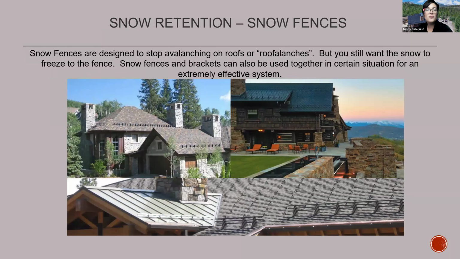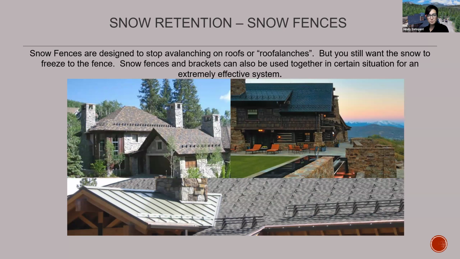Snow fences act a little bit differently. Obviously you can still only be as strong as what you are attaching to. With a standing seam fence, oftentimes you'll need more than one row if you are clamping onto a standing seam panel. But with deck mount fences and rafter mounts, oftentimes you'll only see maybe one row.